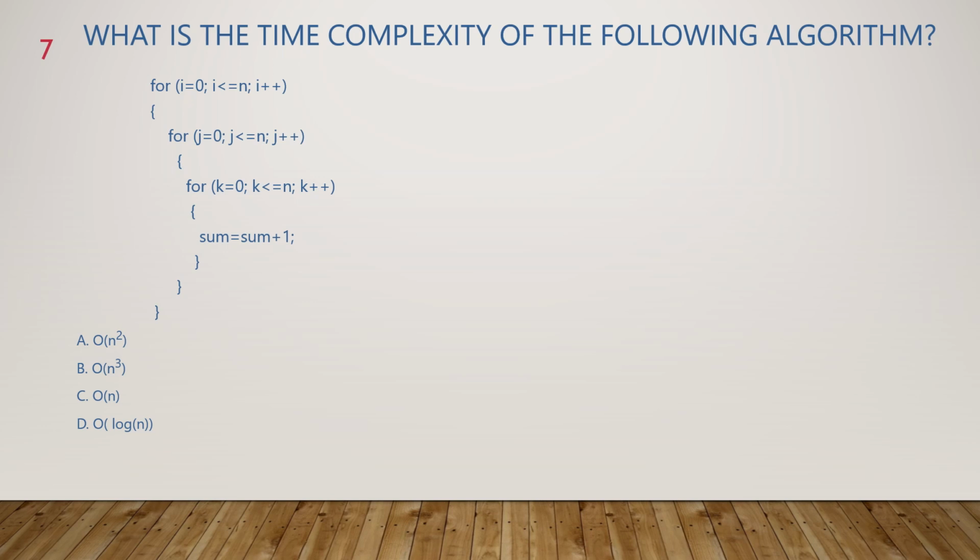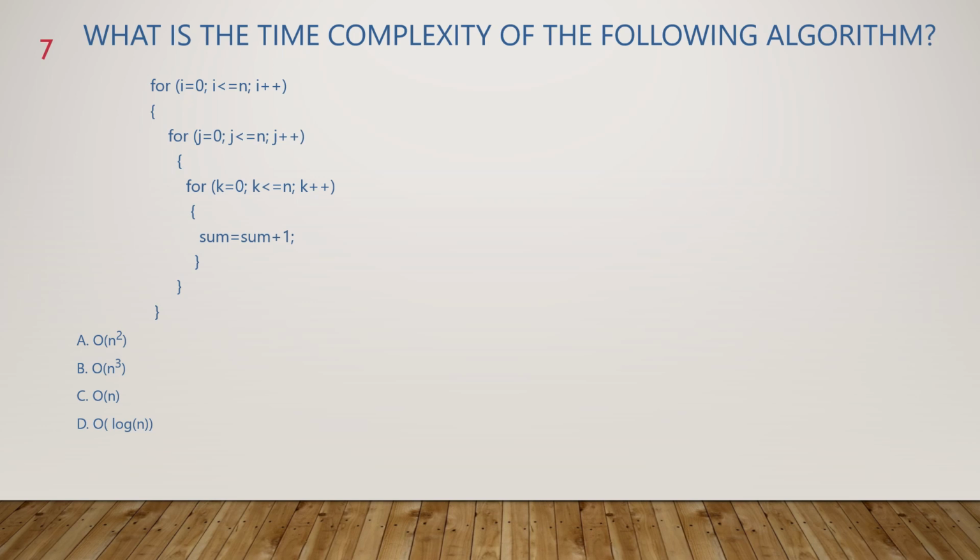In question number 7, there are three for loops. It's a nested loop, and based on this we will see how to get the result for the algorithm. The three loops: the first one, i runs from 0 to n.